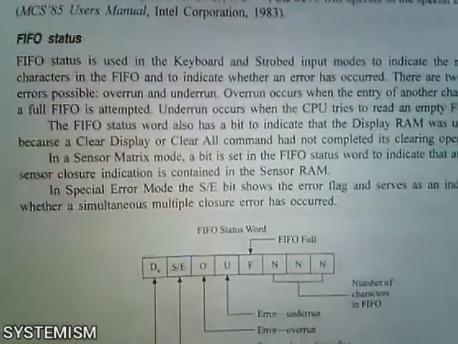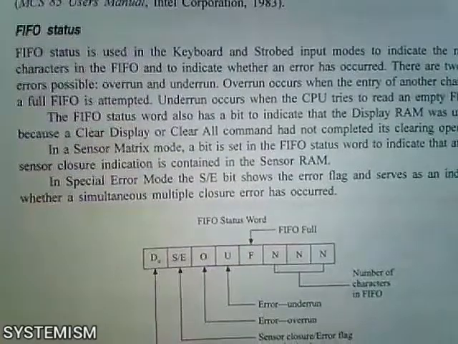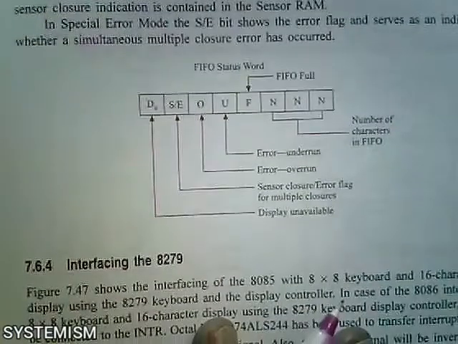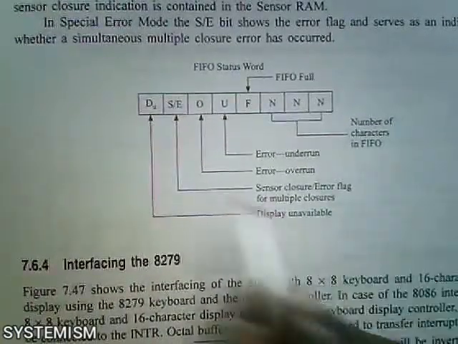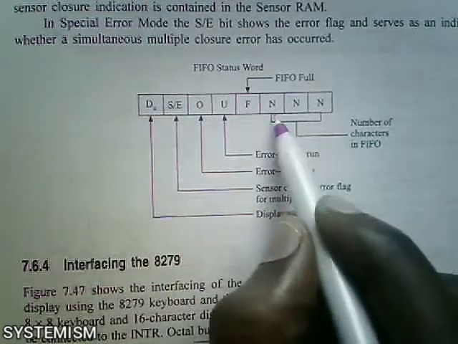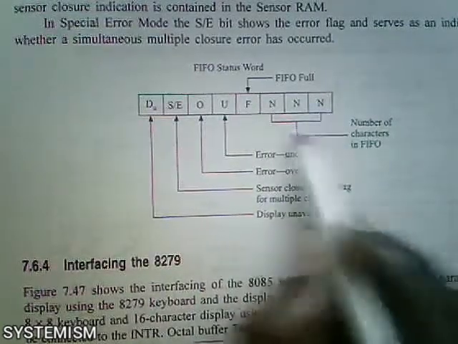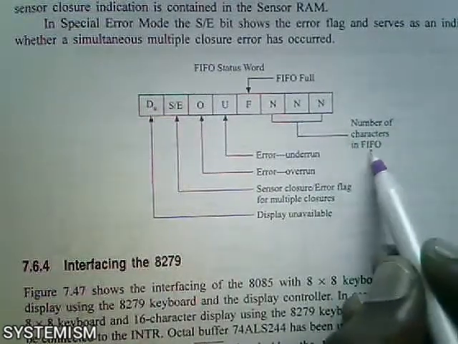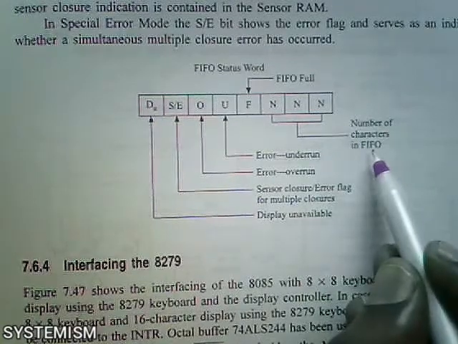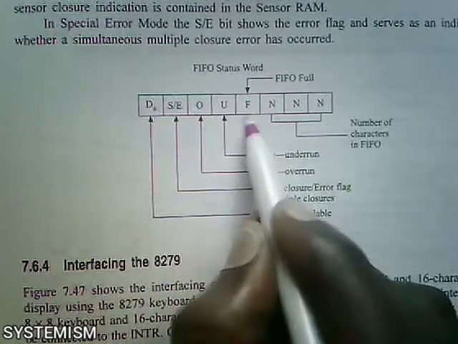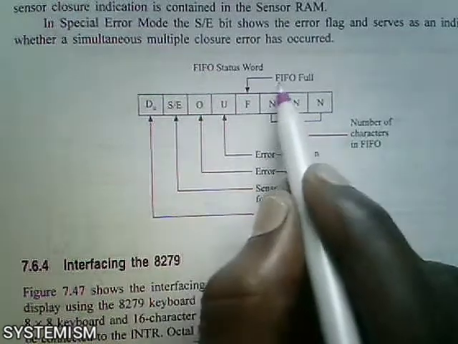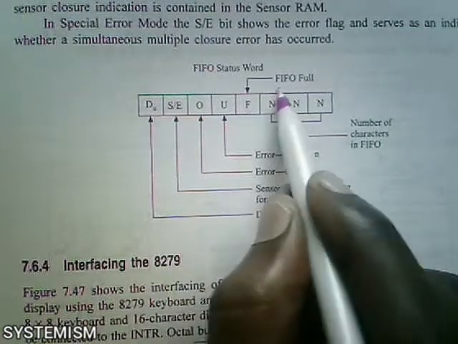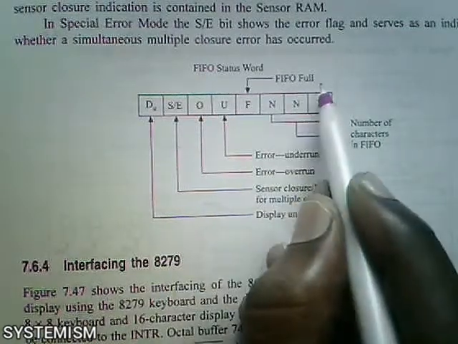The next one is the FIFO status command word. See here, the first 3 bits N specify the number of characters in the FIFO RAM. The next bit F is the FIFO bit. If this is 1, then it means that the FIFO RAM is full.